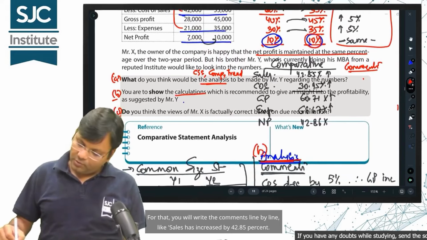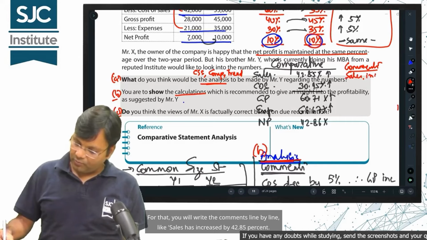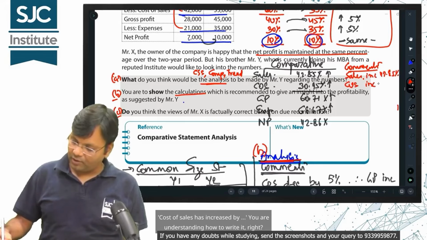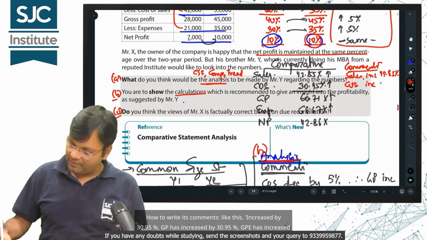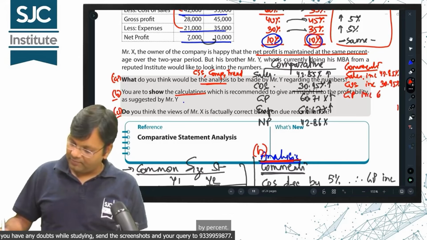For that, you will write the comments line by line, like sales has increased by 42.85%. Cost of sales has increased by 30.95%. You are understanding how to write it, right? GP has increased by a percent.